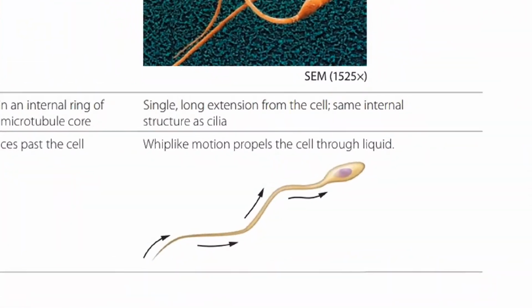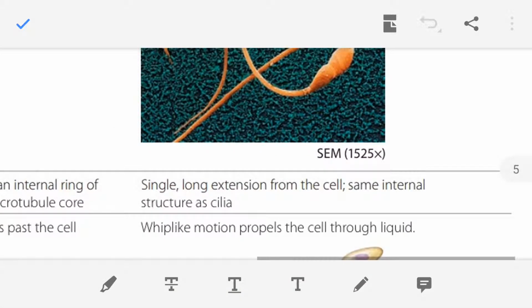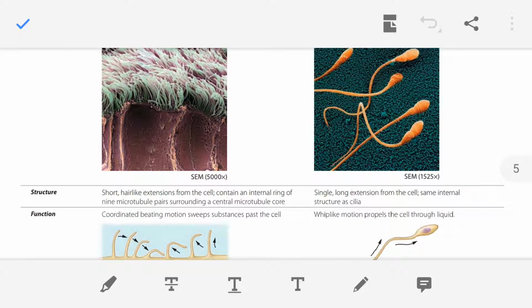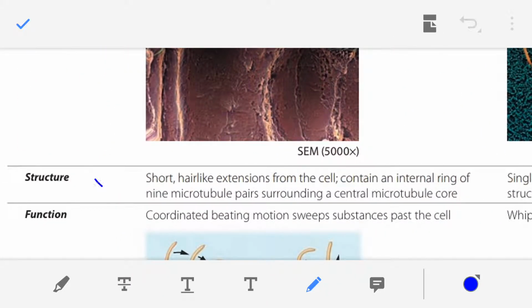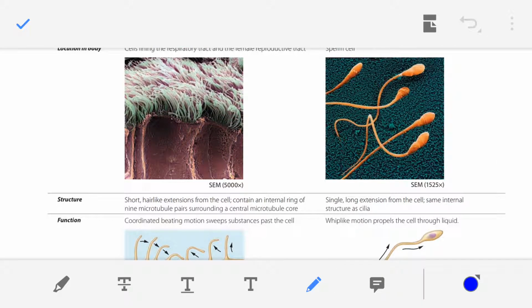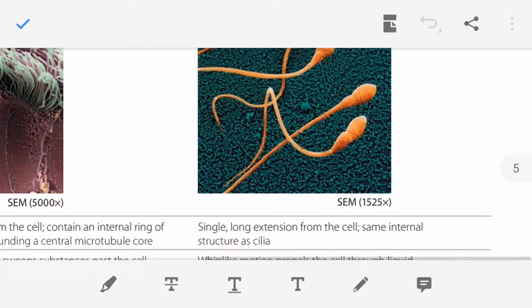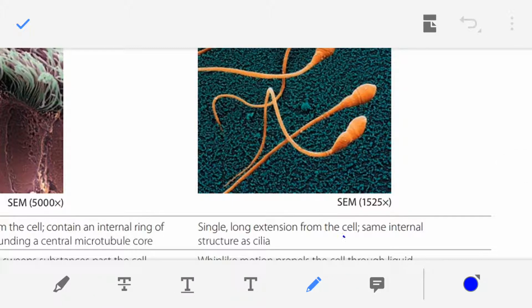Structure wise, see cilia are short hair-like extensions from the cell, whereas the flagellum is a single, long extension from the cell. They are large in length, having more length compared to cilia, and the same internal structure as cilia.